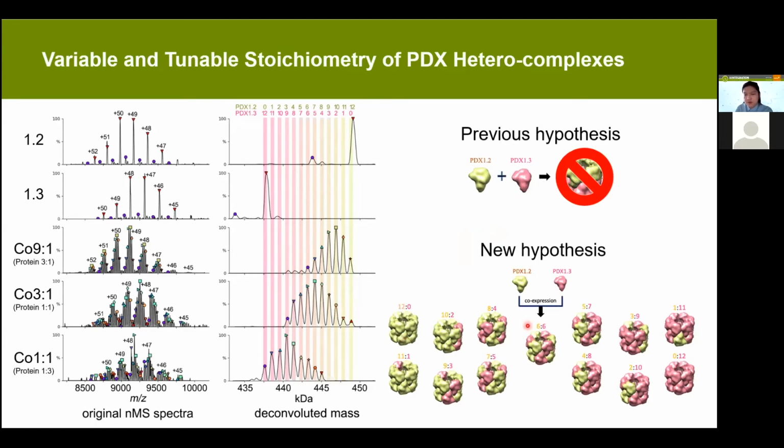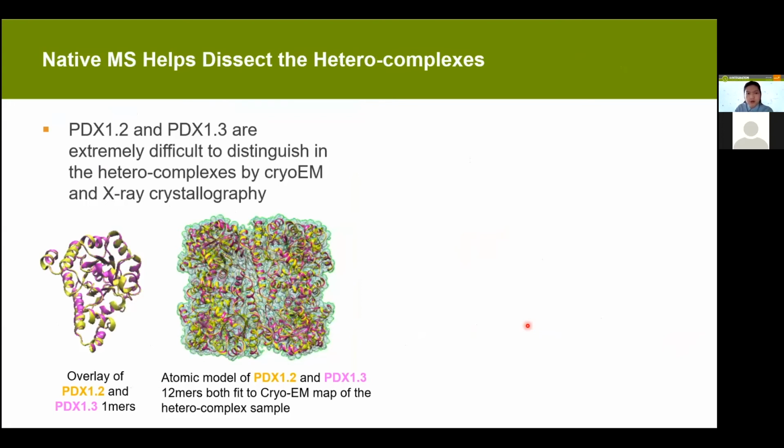So the next thing we're trying to really understand is if there's any preferred arrangement in the hetero-complex formation. As you remember, James did mention that with the cryo-EM data, it's very, very difficult to differentiate the 2 proteins in the hetero-complex. The density maps almost just overlap, and there are very small differences at the active site.